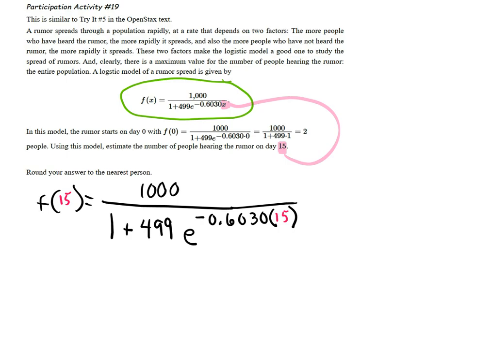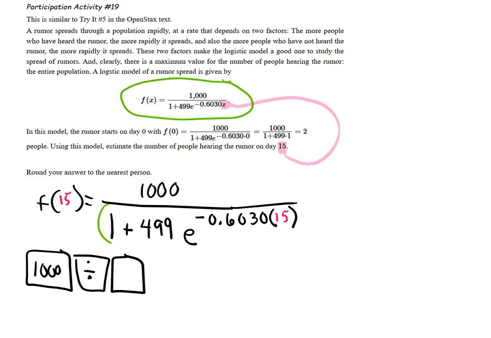If you don't have that ability, you have to type this in horizontally. If you do it horizontally, you would start with the 1,000, type that in, then hit your division sign. But to do the denominator, all of this has to go in parentheses.